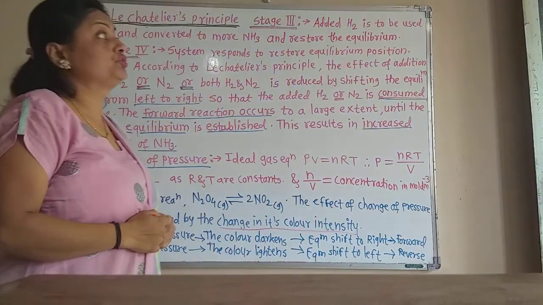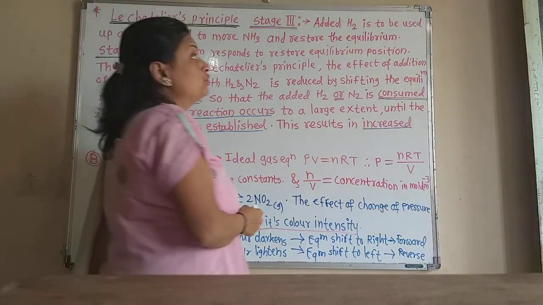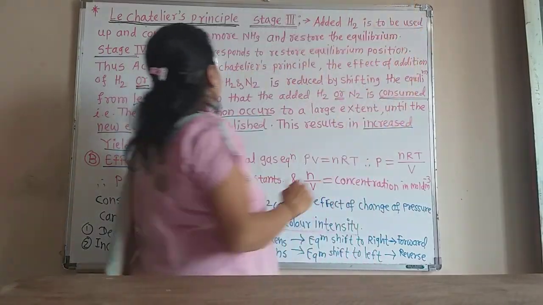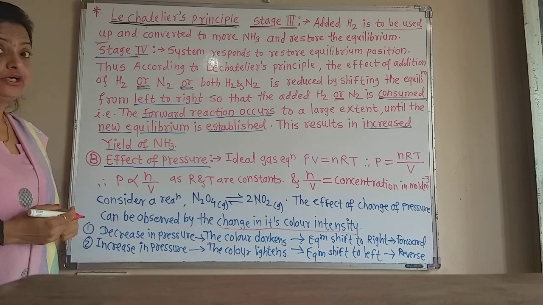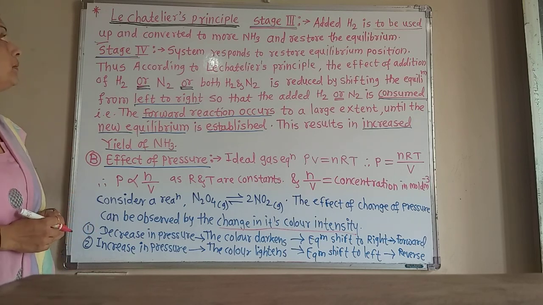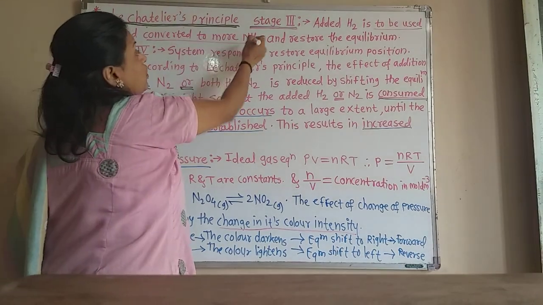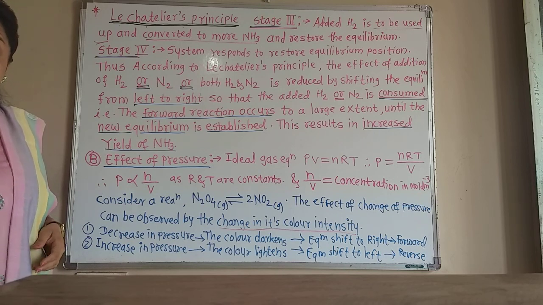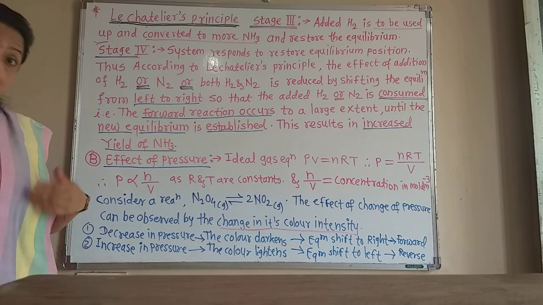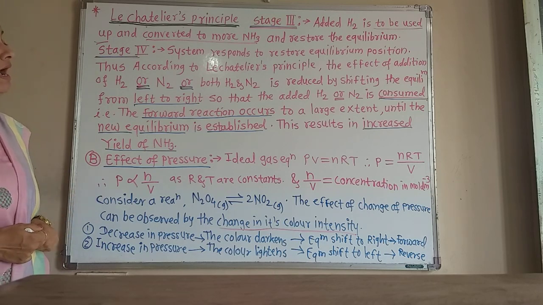The extra hydrogen we added during the equilibrium gets used up and converted to more ammonia, because more and more ammonia formation will occur if we add one of the reactants, such as hydrogen.